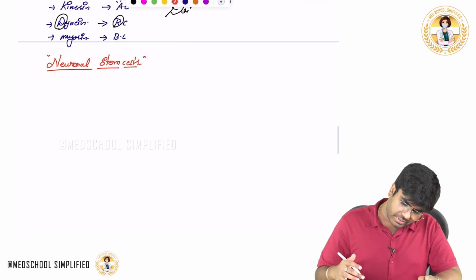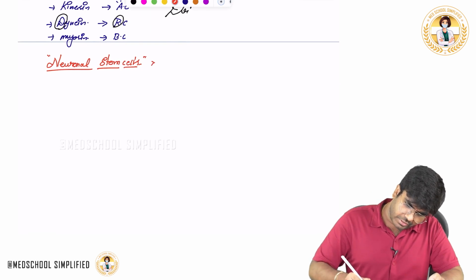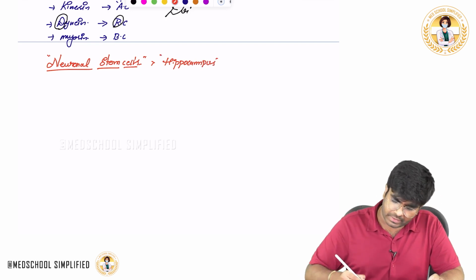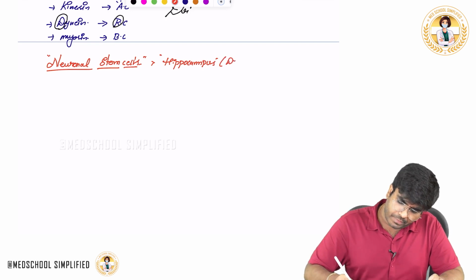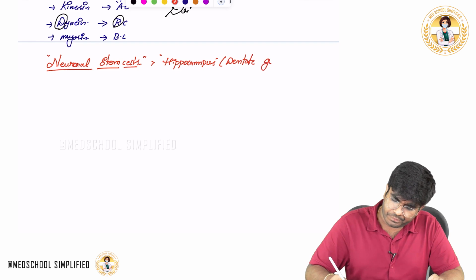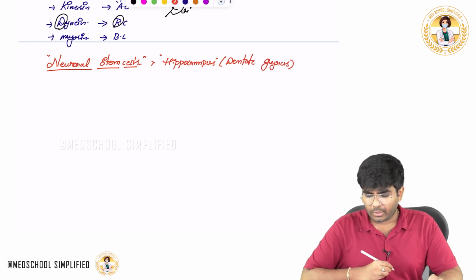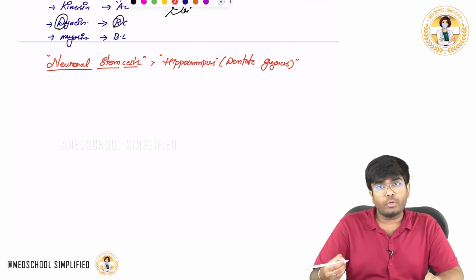Now, neuronal stem cells are present in which region? The hippocampus. In the area called hippocampus, where the memory formation will occur. In this area, the neuron stem cells are present. Okay, hippocampus, dentate gyrus, neuronal stem cells are present.